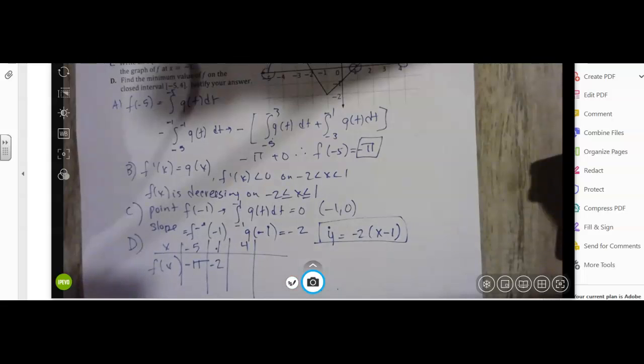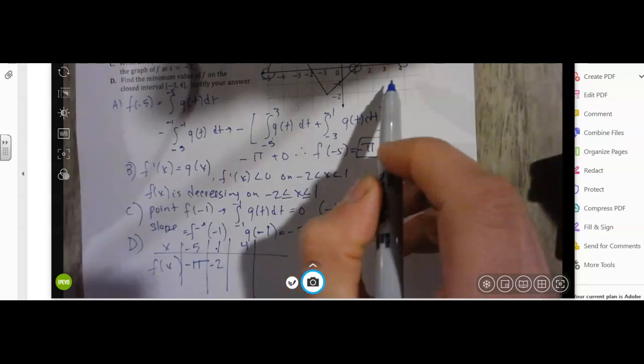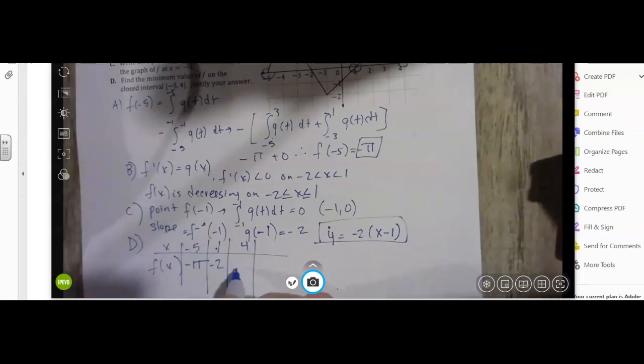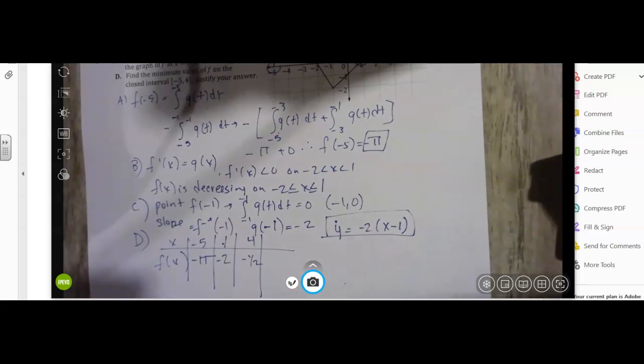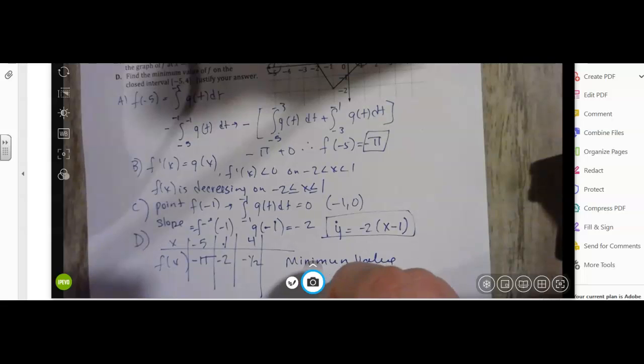And then we try to find f of 4, which is -1/2. So our minimum value is equal to -pi.